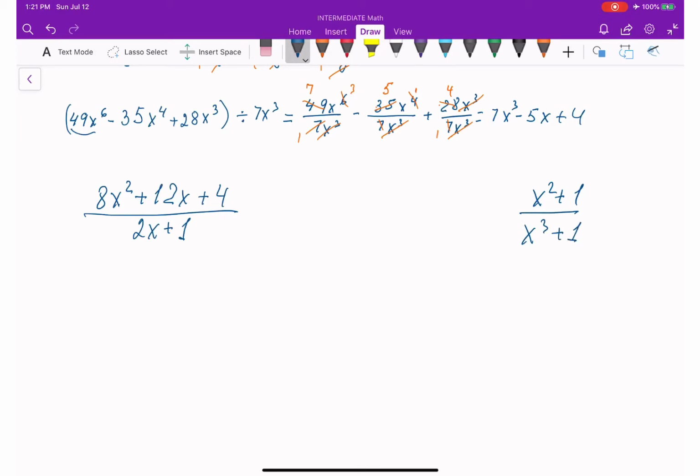Because this fraction is a proper fraction and not improper. How do I figure it out? I'm looking at the degree in the numerator. The highest degree in the numerator is 2. The highest degree in the denominator is 3. When the highest degree of the numerator is less than the highest degree in the denominator, then you can't divide, because it's a smaller number.